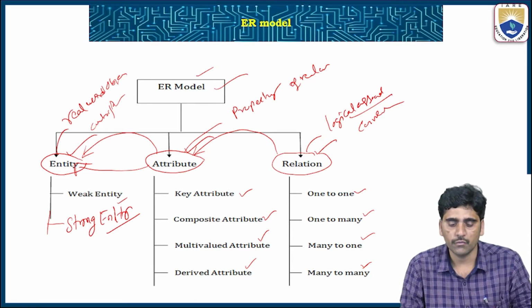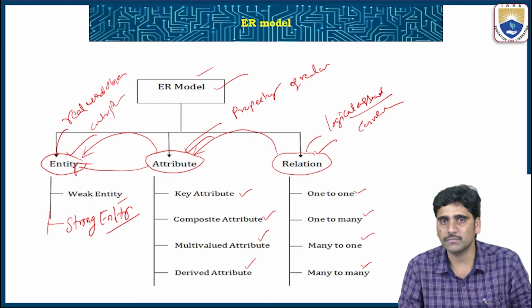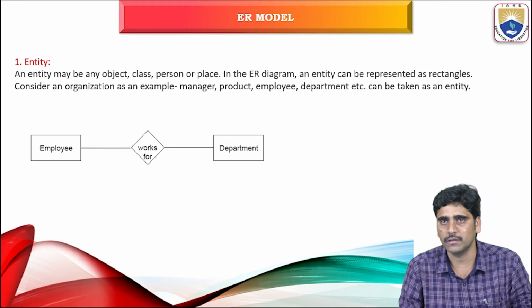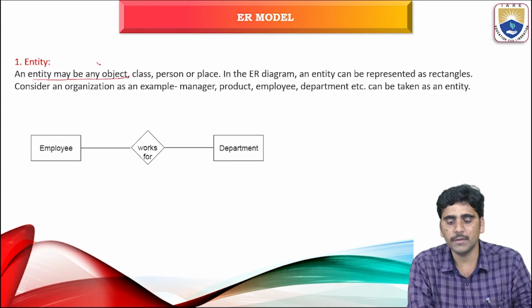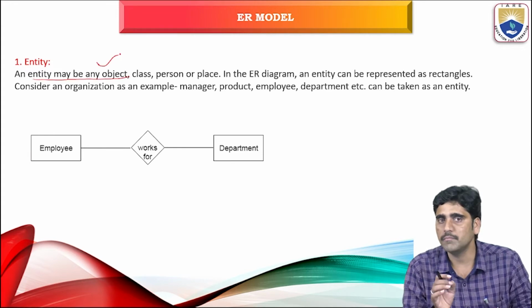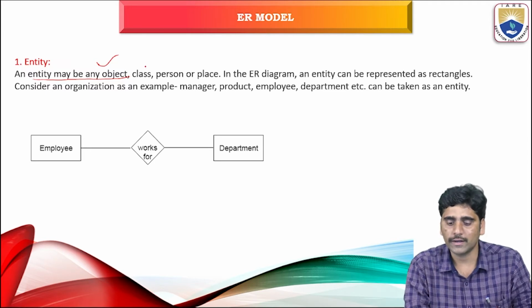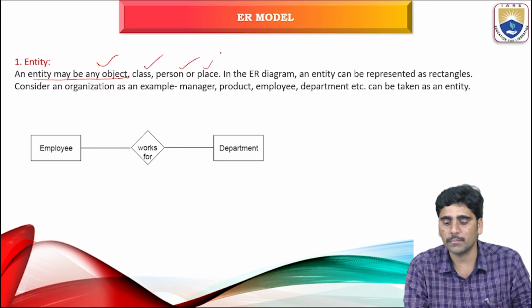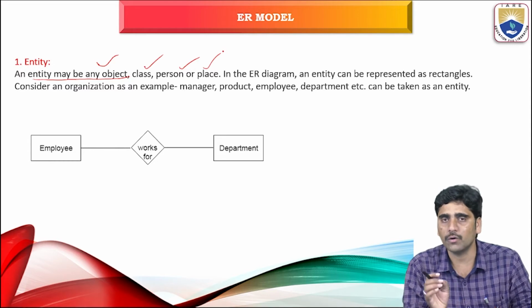So we'll see what is meant by entity and what are the different types of entities actually. Here weak entity and strong entities will be there. So in the ER model, what is meant by entity? Entity may be any object, that is nothing but a real world object, a class, a person or a place.